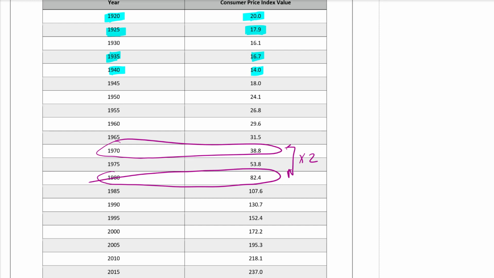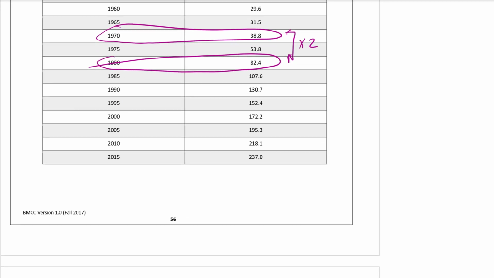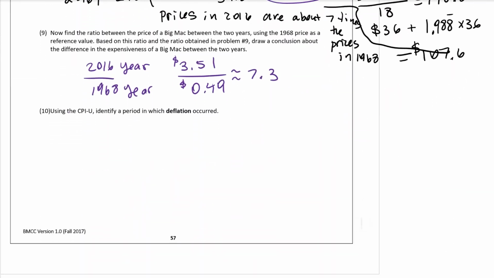So in a period of 10 years, prices have gone up twice. Imagine right now the subway ticket is $2.75, and 10 years from now it's all of a sudden like $6 for just one swipe. That's what happened between 1970 and 1980. This was a time of financial uncertainty in the United States. That was a pretty difficult time in U.S. history.